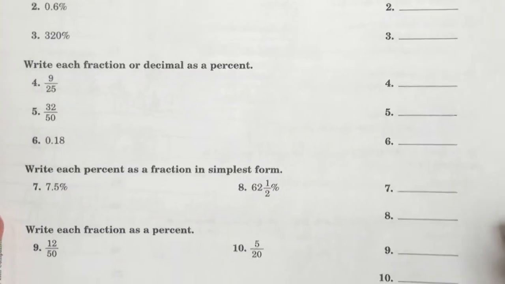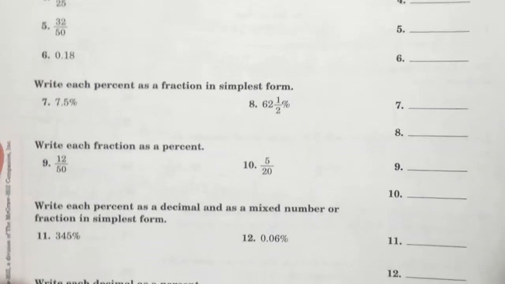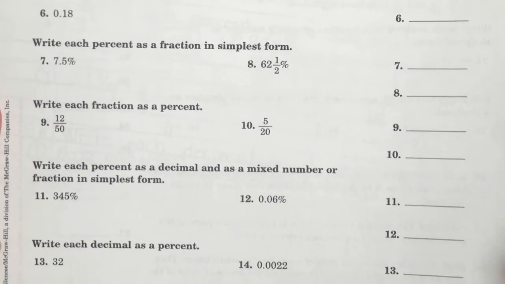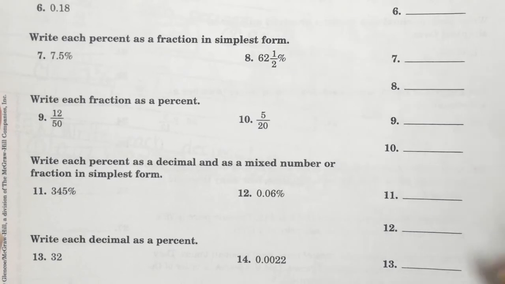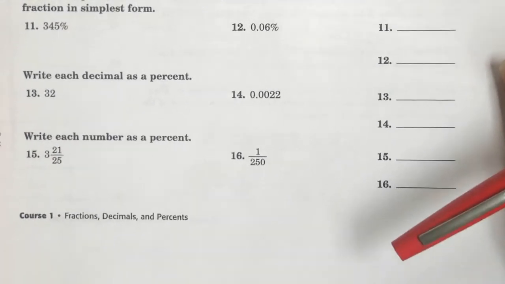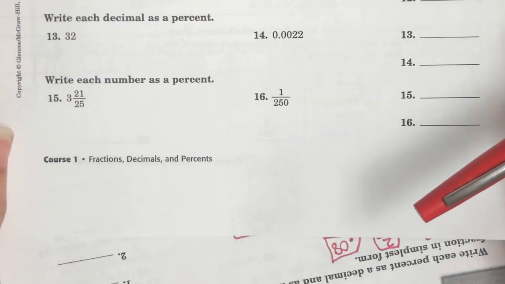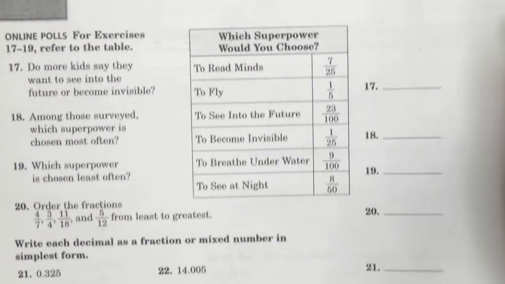Going down the paper, fraction or decimal as a percent. Percent as a fraction in simplest form. Before you start each section, look at what they're asking. Maybe go back and look at that triangle. On the back, it is basically the same thing.